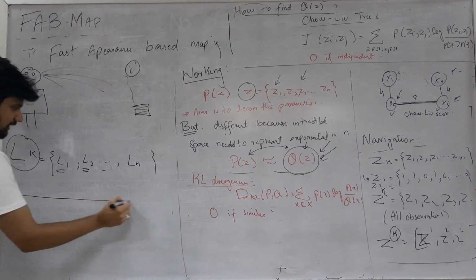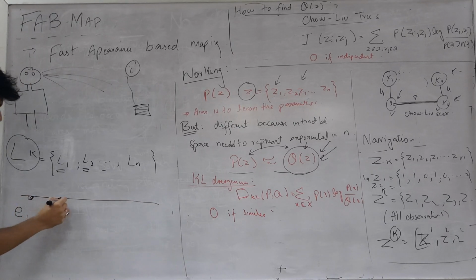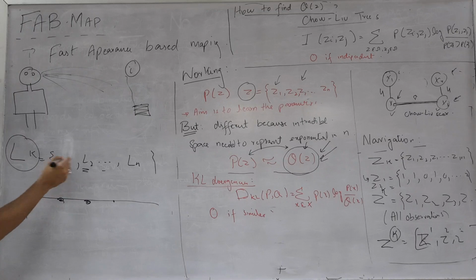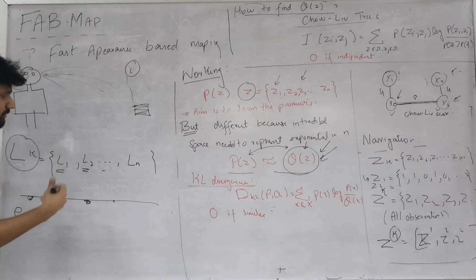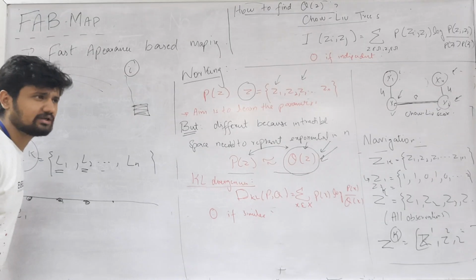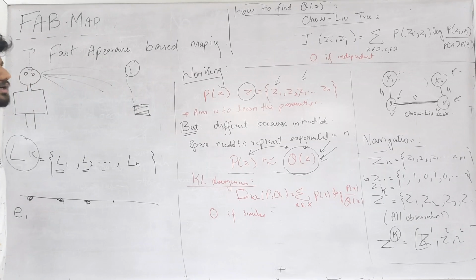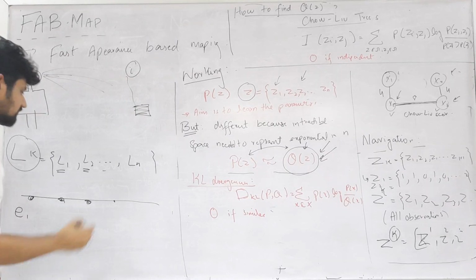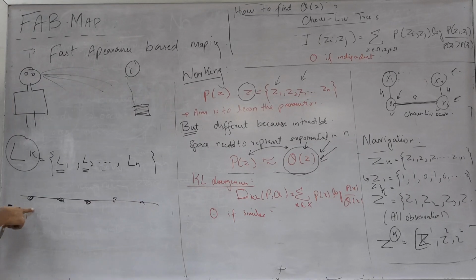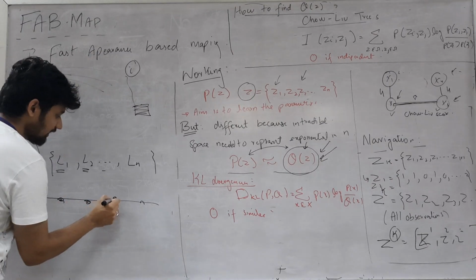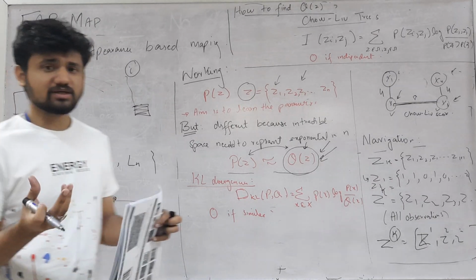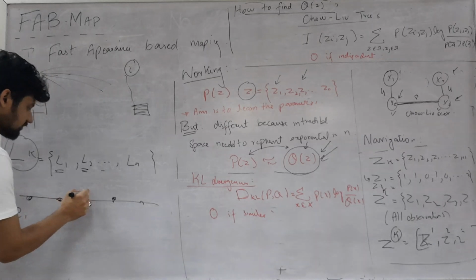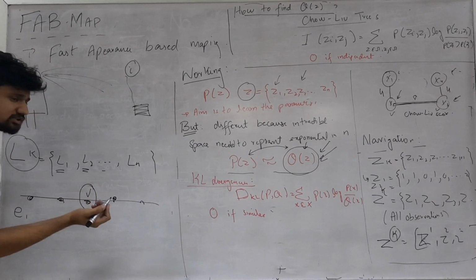For example, this is the path, and this is location number 1, this is location number 2, this is location number 3, and every location is obviously a new location, though it is not correct to say independent of the previous one. L1 and L2. How will it make sure that it is a new location? Obviously based upon the observations.